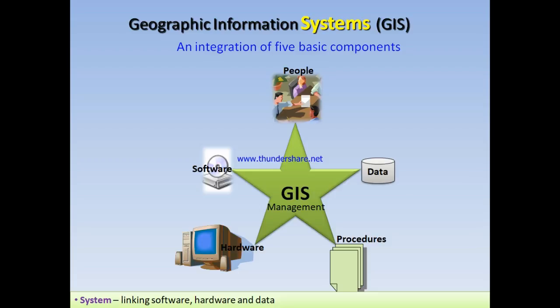GIS technology is of limited value without the people who manage the system and develop plans for applying it to real world problems. GIS users range from technical specialists who design and maintain the system to those who use it to help them perform their everyday work. The identification of a GIS specialist versus an end user is often critical to proper implementation of the GIS technology.